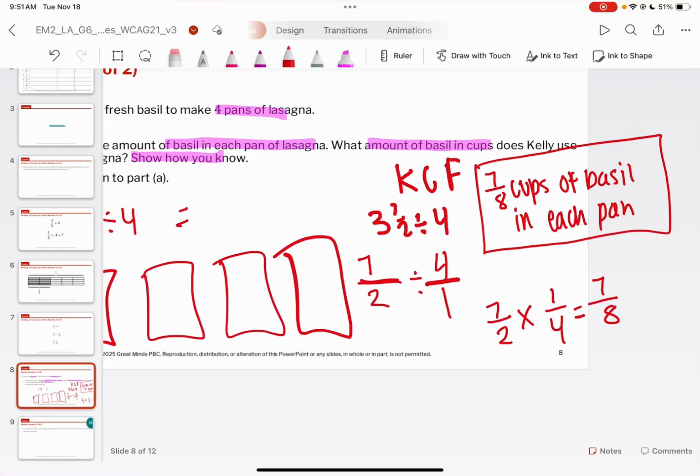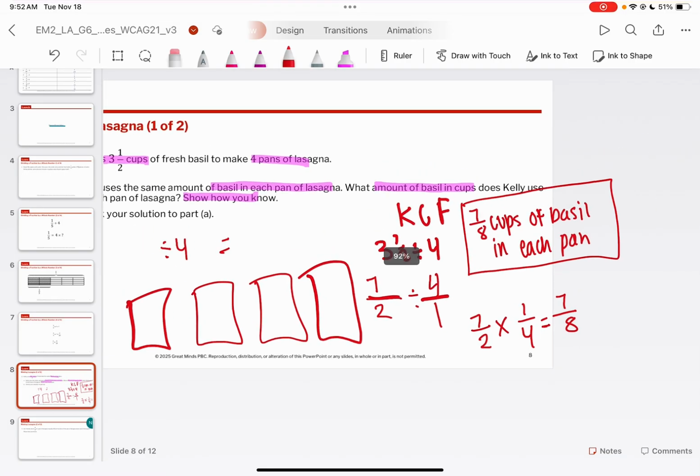And then what does this tell you about the relationship between multiplication and division? So right now with your group, you are doing part B, checking your work with multiplication. Go.